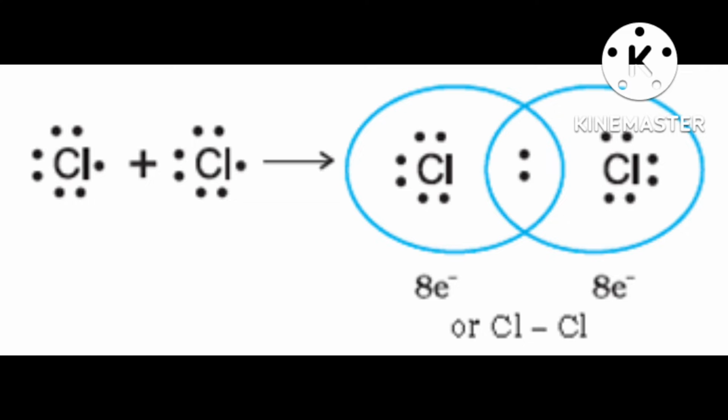In the case of sodium and chlorine, this can happen by transfer of an electron from sodium to chlorine. You know that sodium has 1 electron extra in the outermost orbit and chlorine has 7.